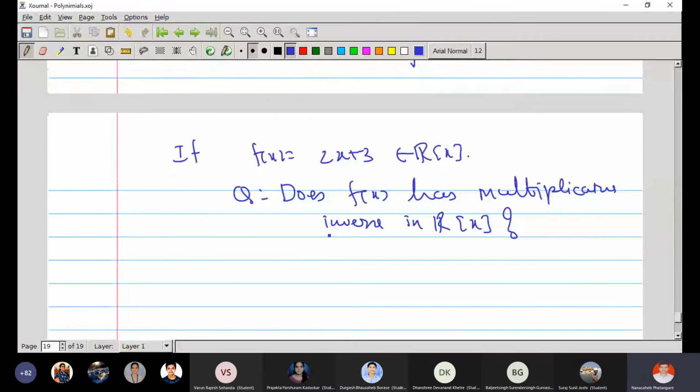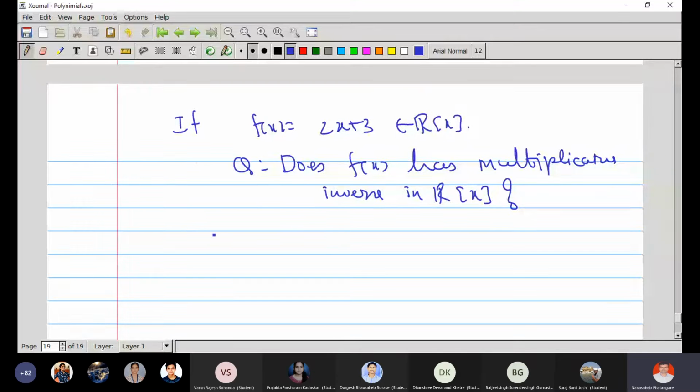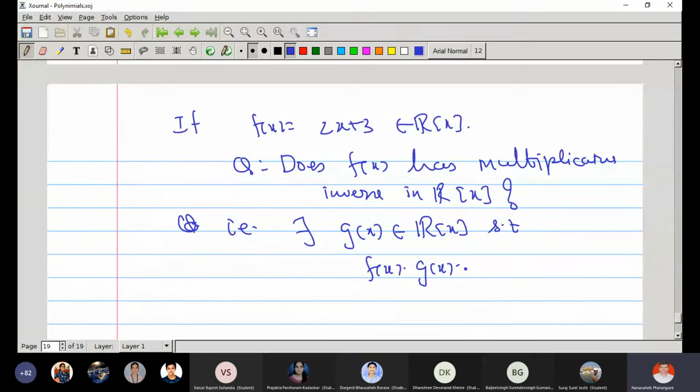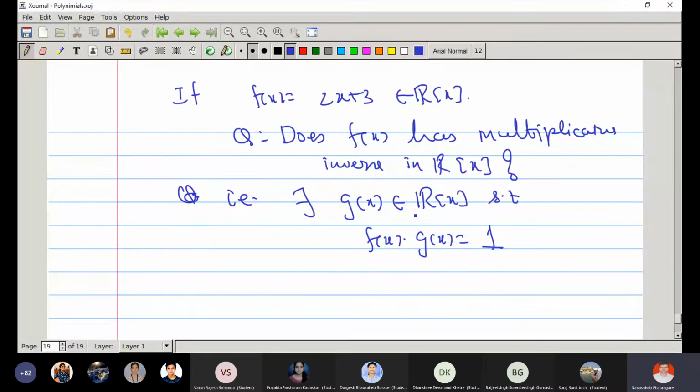That is, does there exist another polynomial g(x) in R[x] such that f(x) times g(x) is equal to the multiplicative identity? Again, the multiplicative identity is 1, which you can prove another way, but assume that 1 is the multiplicative identity in R[x].